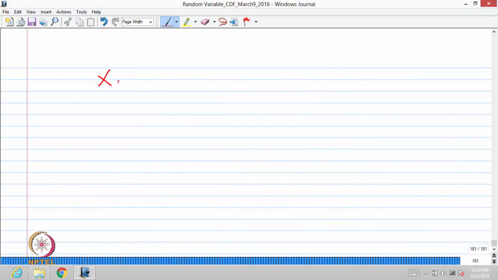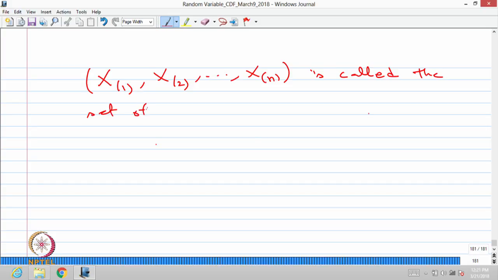Now, capital X bracket 1, capital X bracket 2 and so on till capital X bracket n, that is called the set of order statistics for the random vector x1, x2, so on xn.